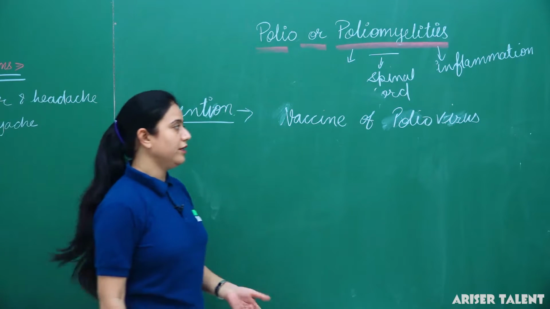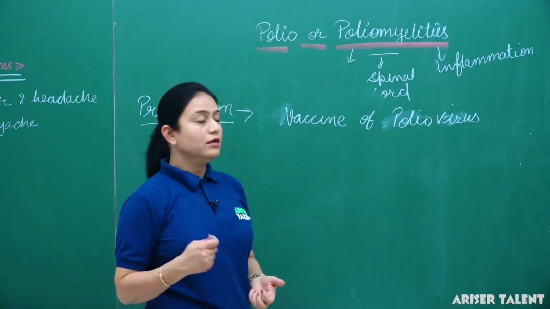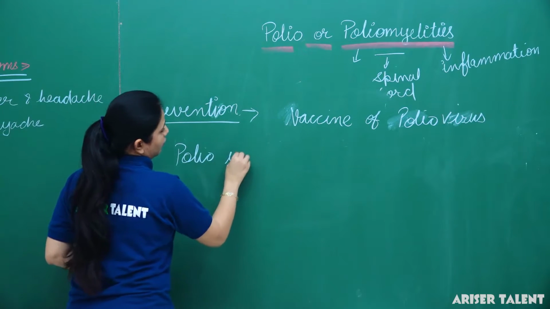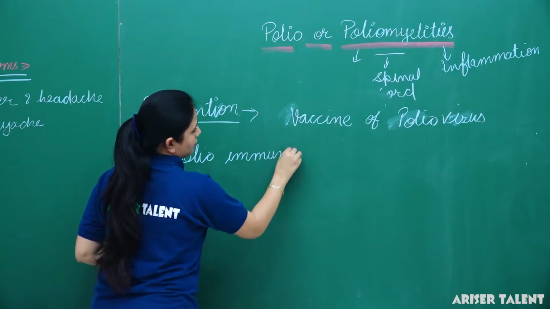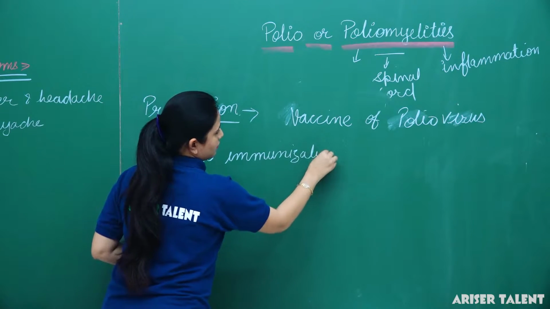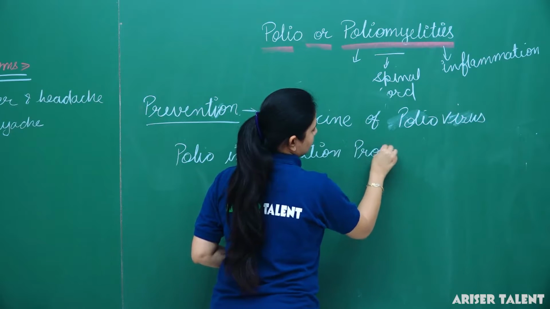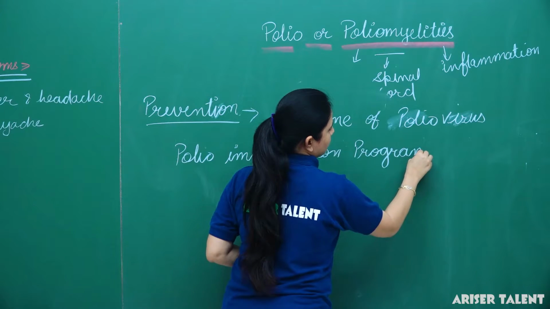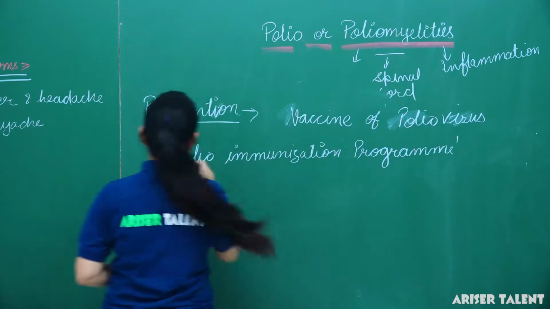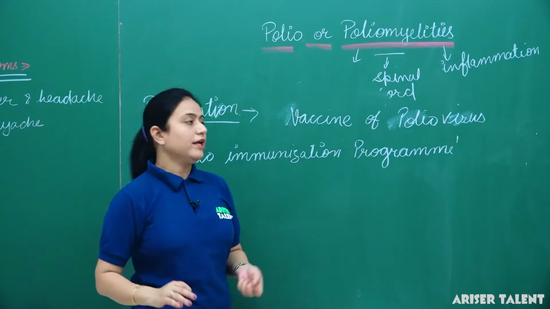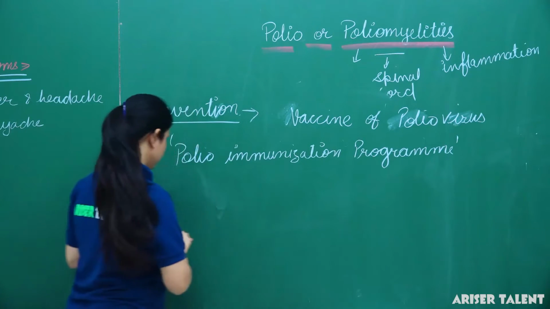And for it, the polio immunization program was introduced by the government. The main aim of this program is to eradicate polio from the world.